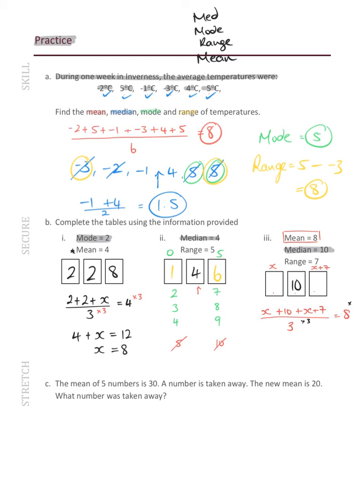Times 3 times 3. And then we have up here, we have 2x plus 17 equals 24. So 2x equals 7 and x equals 3.5. So this is 3.5 here. And then x plus 7 is 10.5. So they are my numbers there.